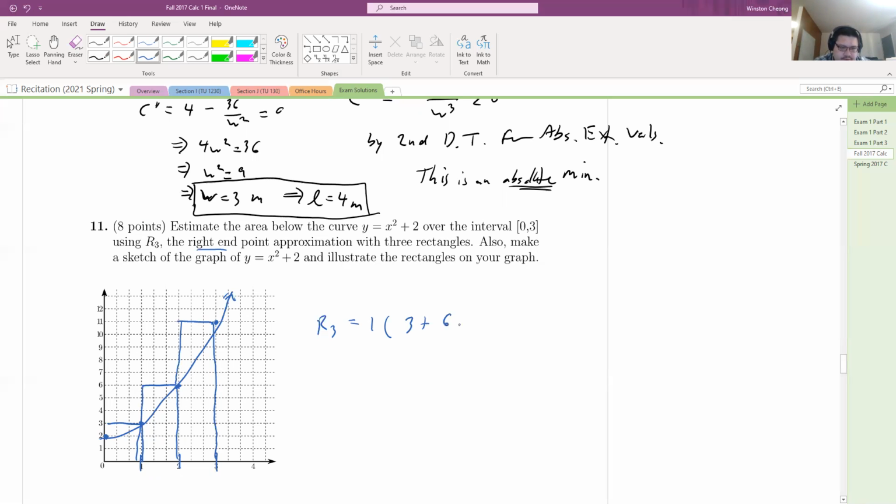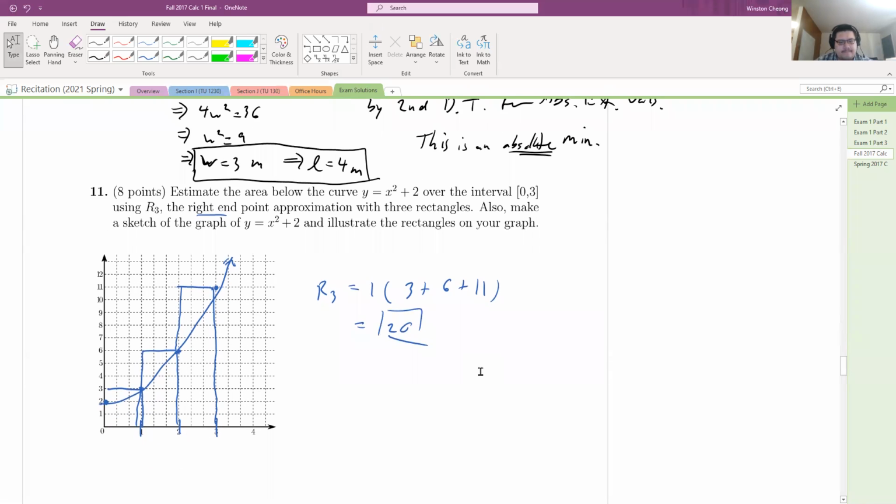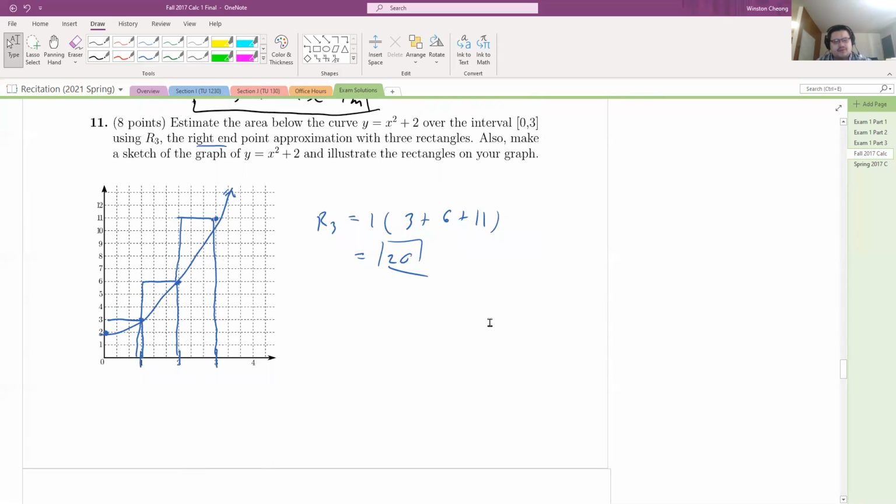Okay, and then 3 plus 6 plus 11, those are the different heights, and that's going to give you 20.